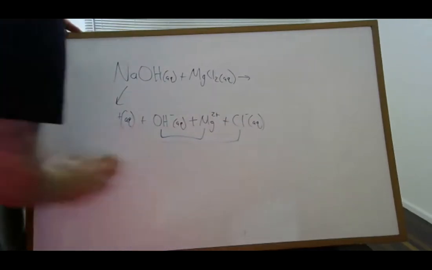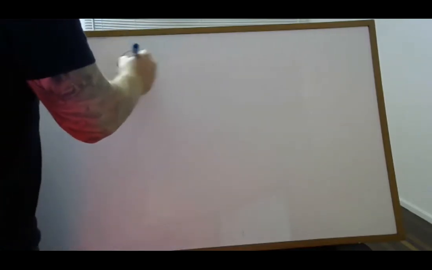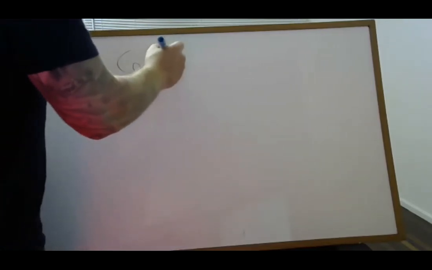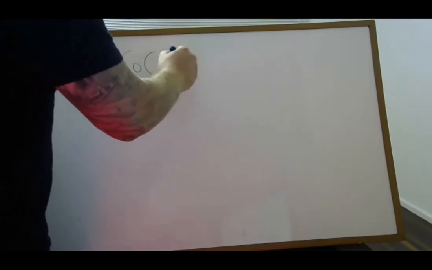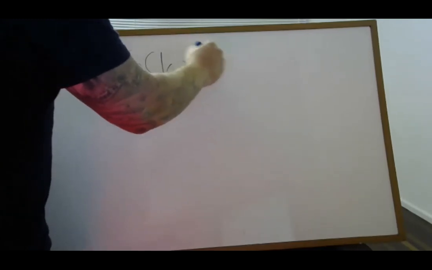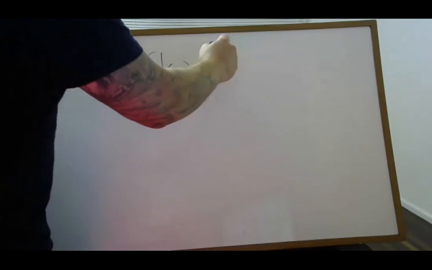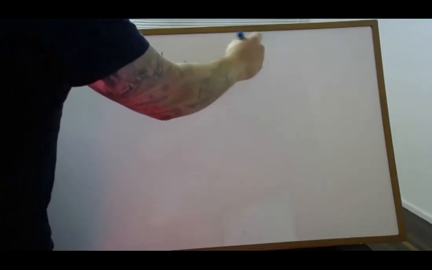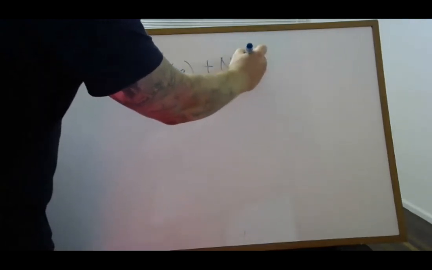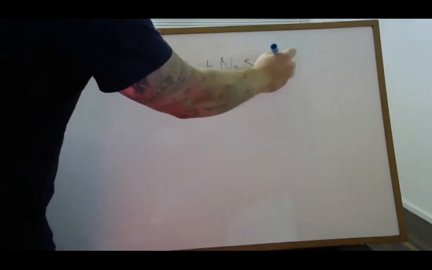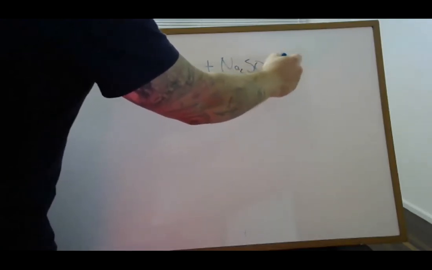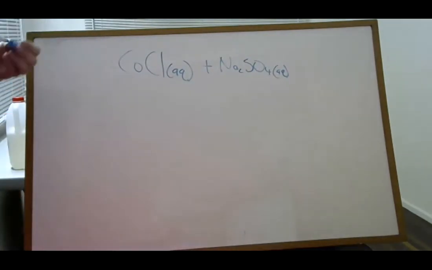I think we're talking one. So cobalt chloride in solution, and sodium sulfate. What are they going to break up into in the chart?